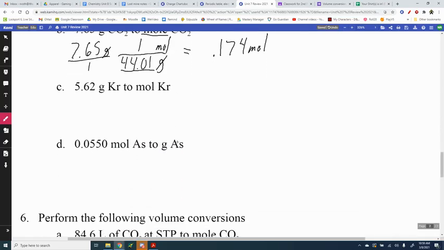All right. Next, 5.62 grams over 1. We put grams on bottom. Our first conversion factor is always to moles, unless we're starting with moles, which we're not. We put 1 next to moles. We put the molar mass of Kr next to grams.